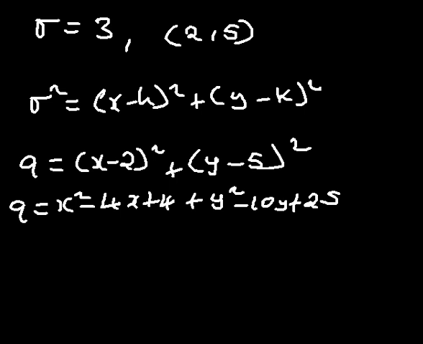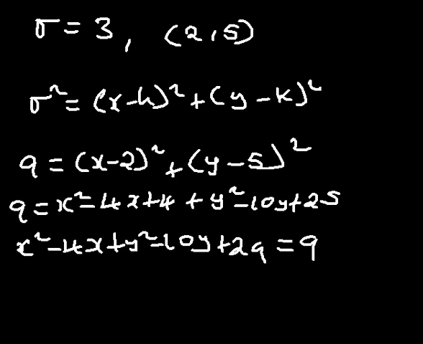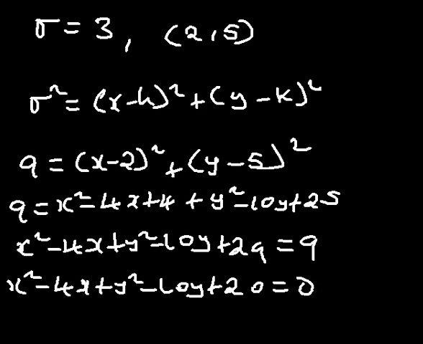So now in this case, let's think of collecting the like terms. We'll have x squared minus 4x, and y squared minus 10y, plus 29, which is equal to 9. And you should bring this 9 to this side. That will give us x squared minus 4x plus y squared minus 10y plus 20, which is equal to 0.